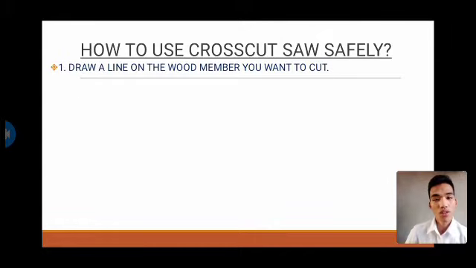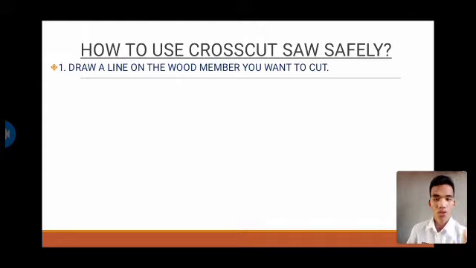First, draw a line on the wood member you want to cut. Why do we need to draw? Remember, just highlight that word: safely. How to use a crosscut saw safely. We are talking about safety.